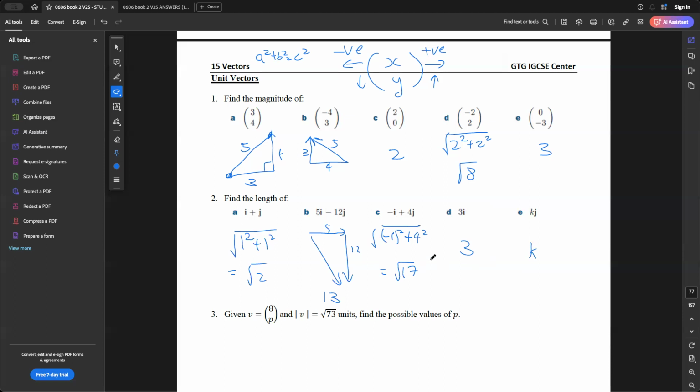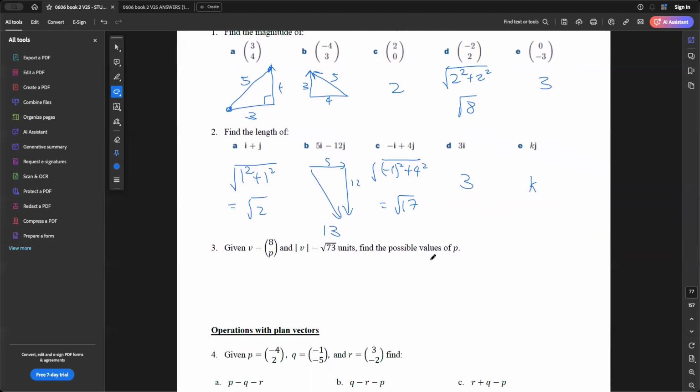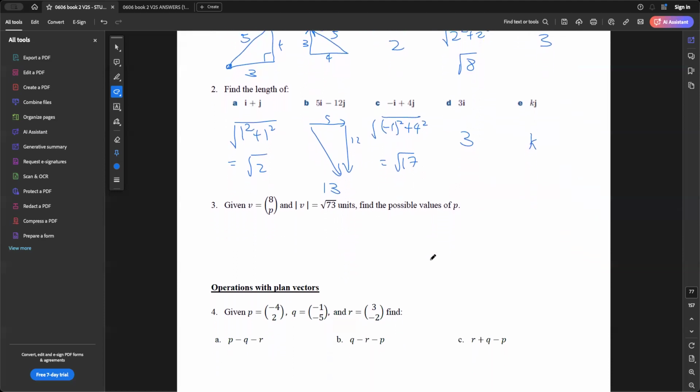Okay, so far so good, right, guys? This is still quite basic. So your questions will really start in question 3. Given that v is equal to this, and the modulus-looking symbol is for magnitude, guys. Find the possible values of p. How should we do this?